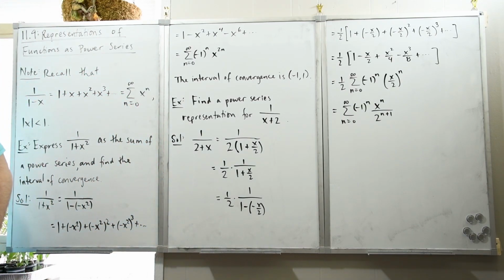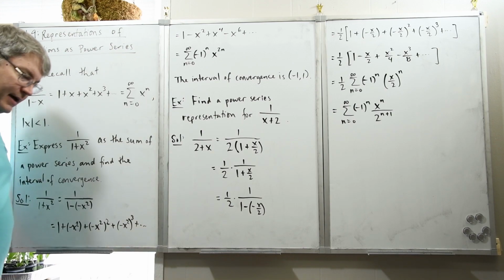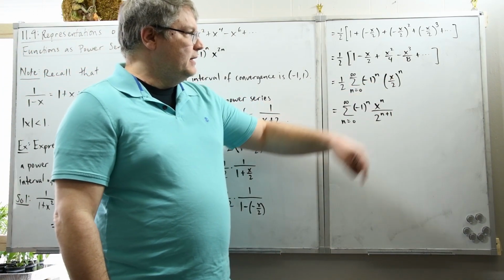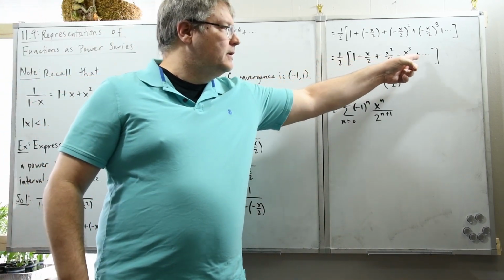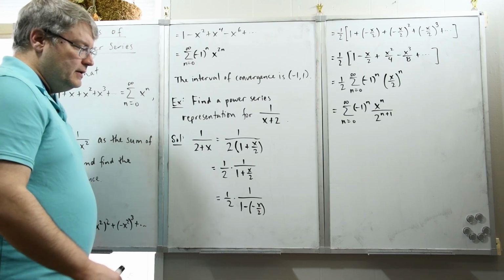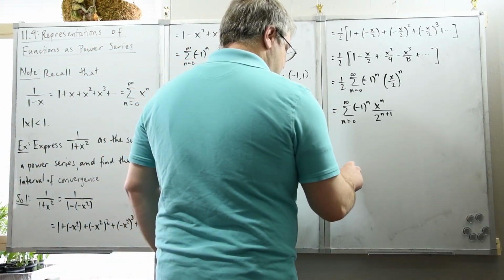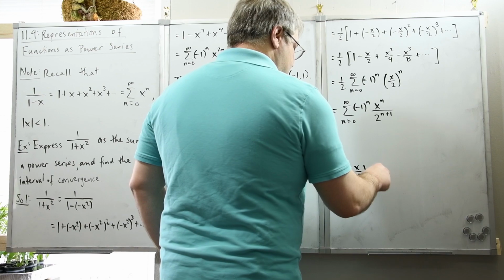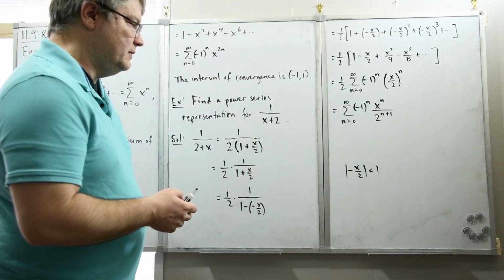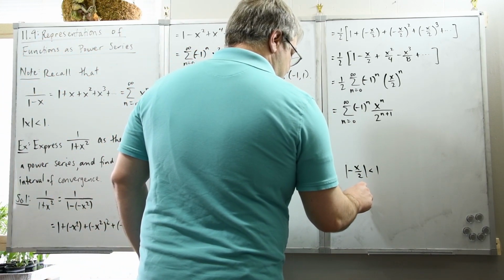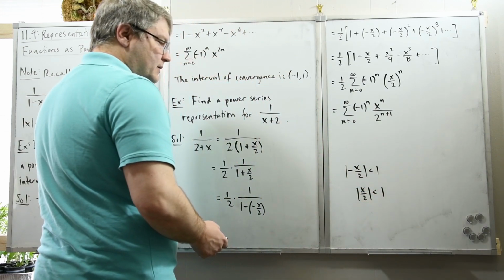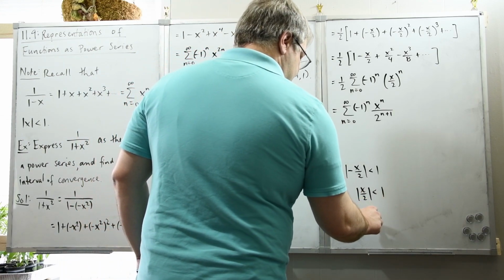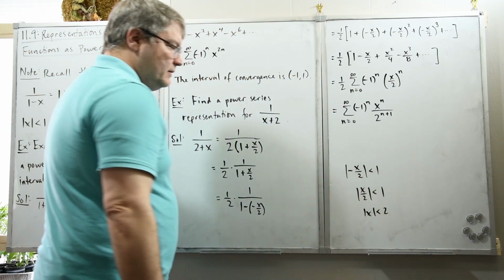Now we have to be a bit careful, because what we notice is that this isn't going to converge for all x. In fact, our common ratio is a negative x over 2 if you take a look at the terms that we see here. And so we would need the absolute value of negative x over 2 to be less than 1 for this geometric series, which means that the absolute value of x over 2 will be less than 1, or the absolute value of x is less than 2.